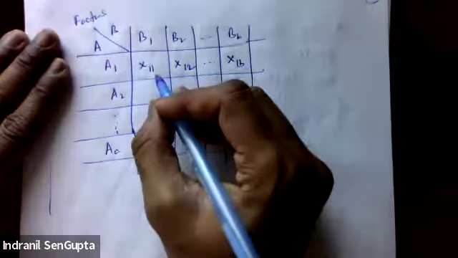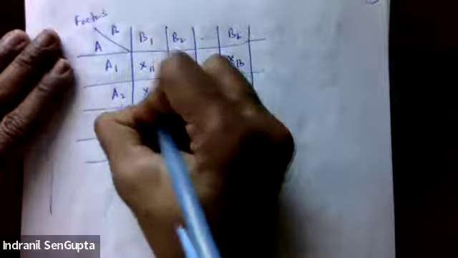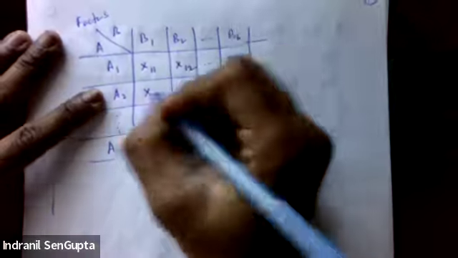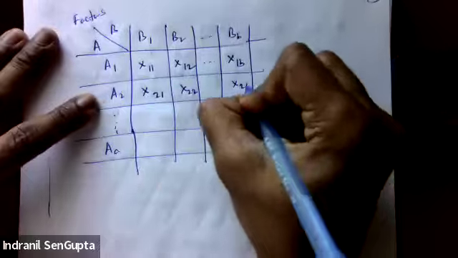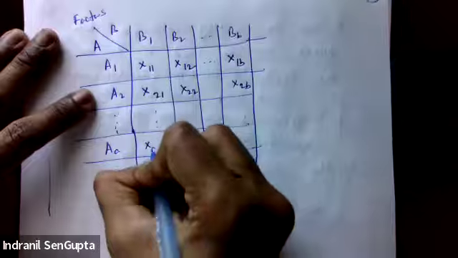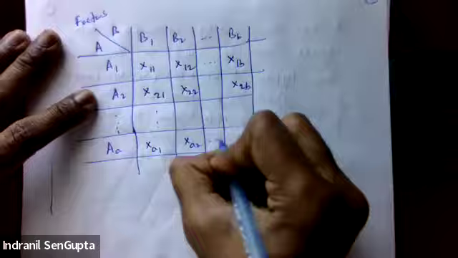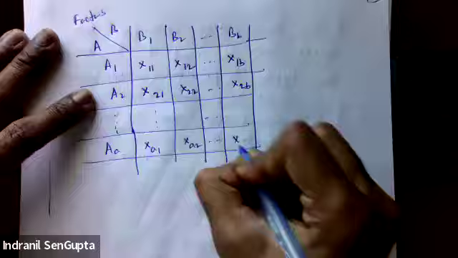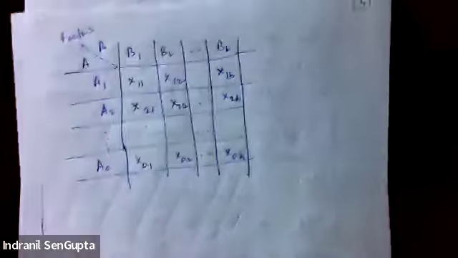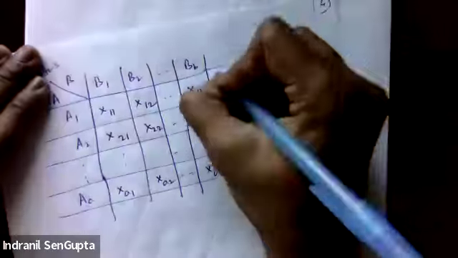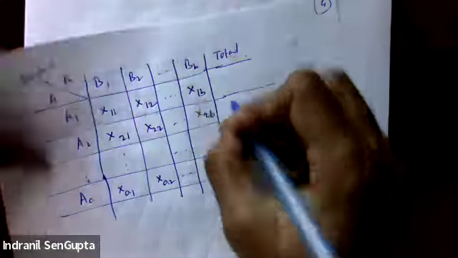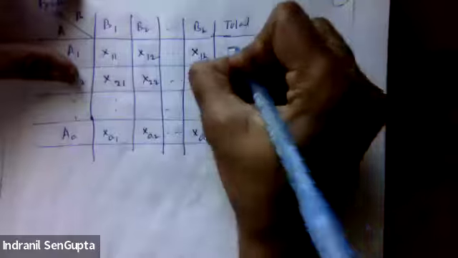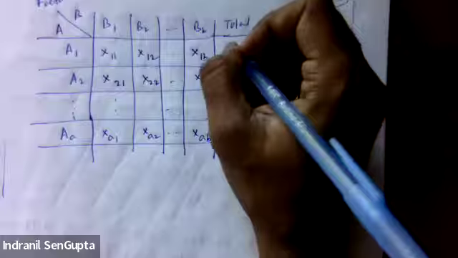All right, so it's x11, x12, and now this is x21, x22, x2b, xa1, xa2, xab. Now what we are writing here is basically the total. So we are denoting this by T1.